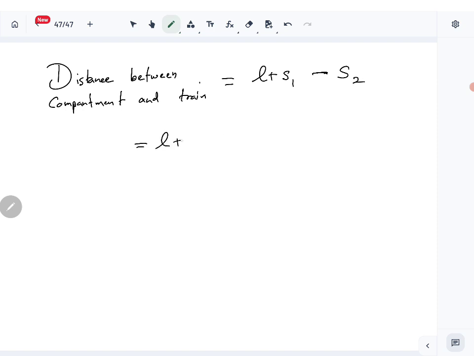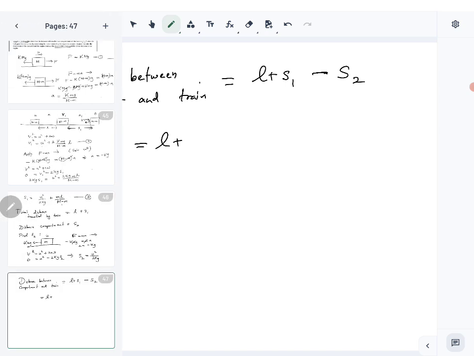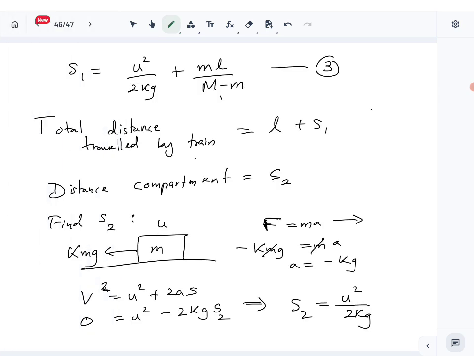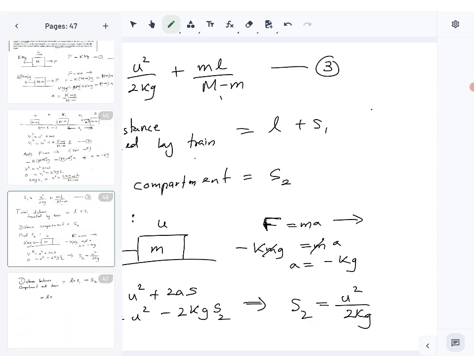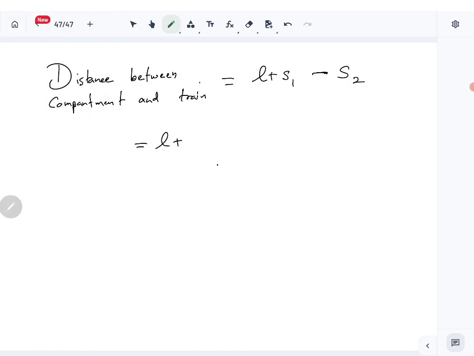So L plus S1, equation 3 gives us S1, u squared over 2kg, plus mL over M minus m, minus S2, which was u squared over 2kg.